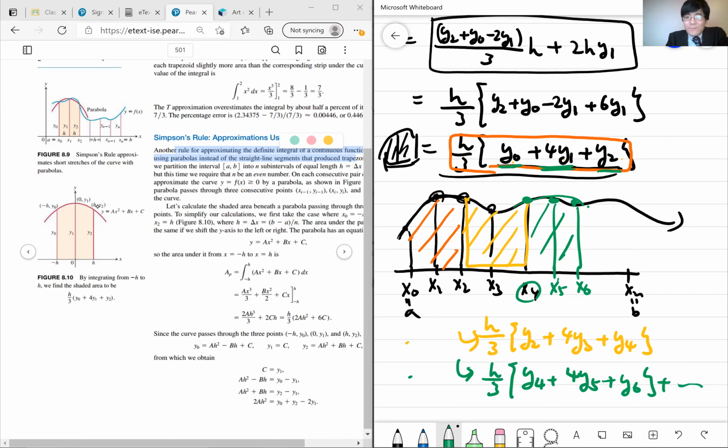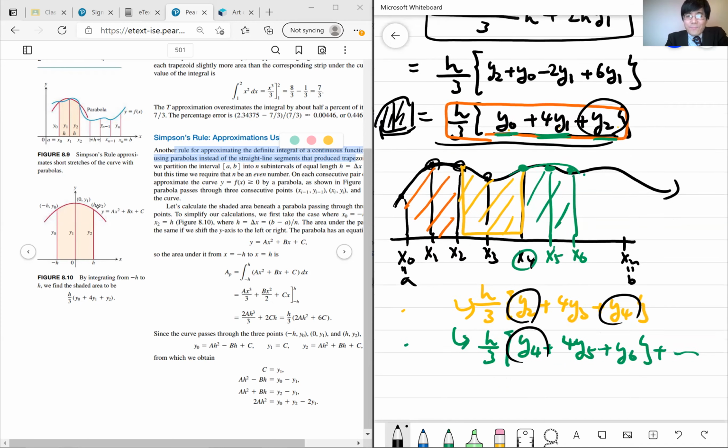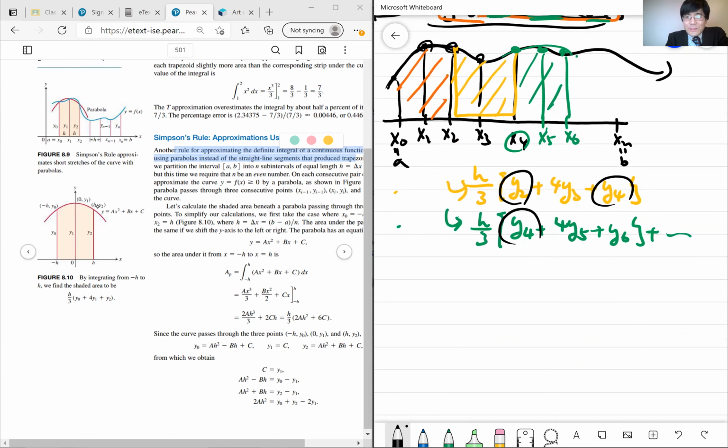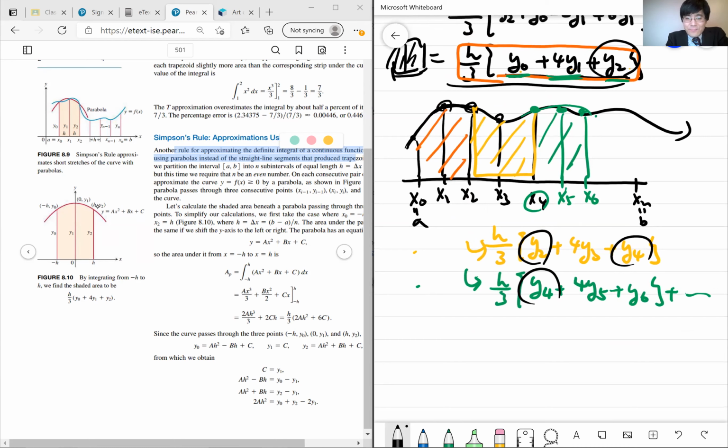And so on. If we repeat this way, you see that y2 is added twice, y4 is added twice, and so on.